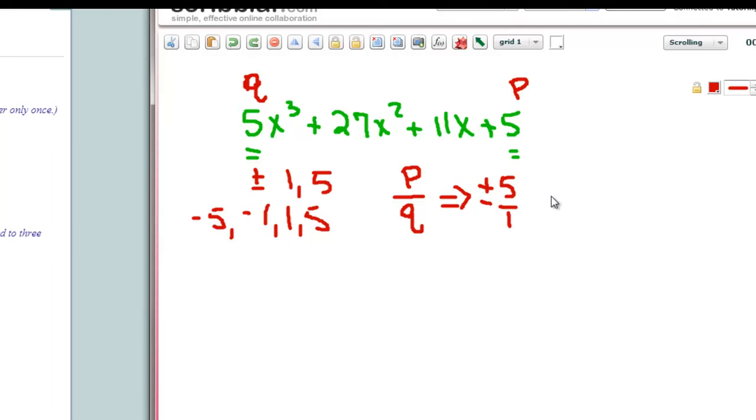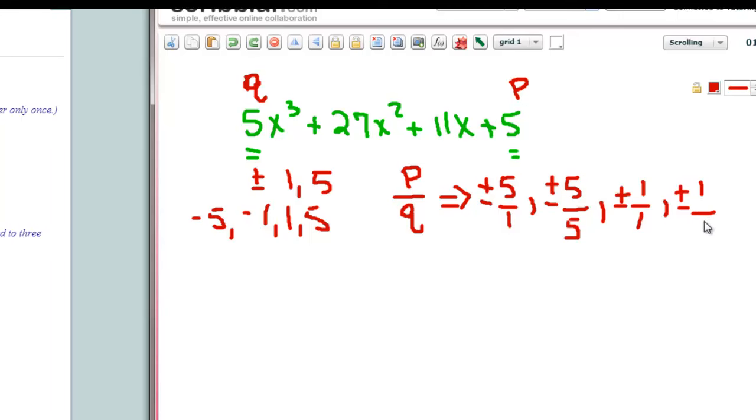Then the next one would be plus or minus the 5 paired up with the 5 on the other side. Now we look at the ones: plus or minus 1 paired with the 1, and then plus or minus the 1 paired with the 5.